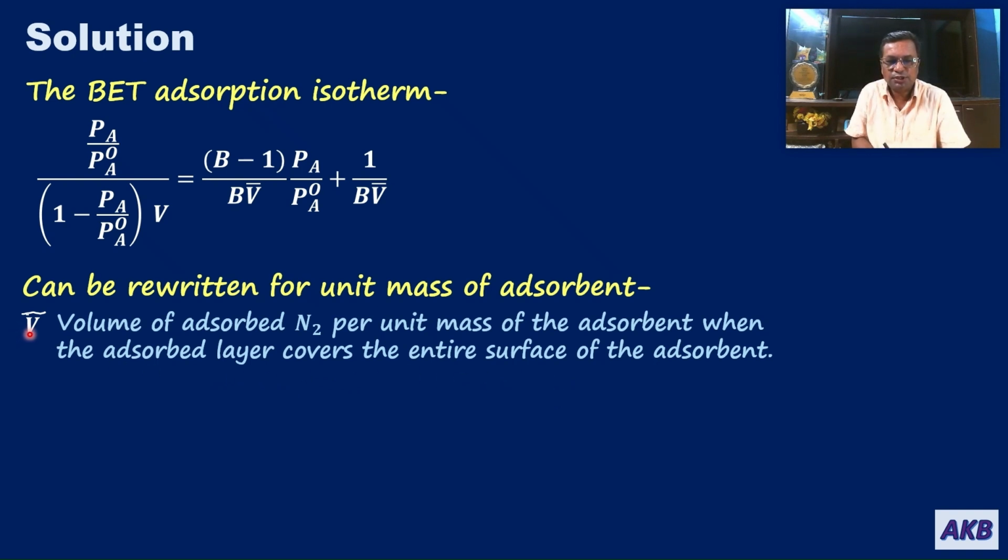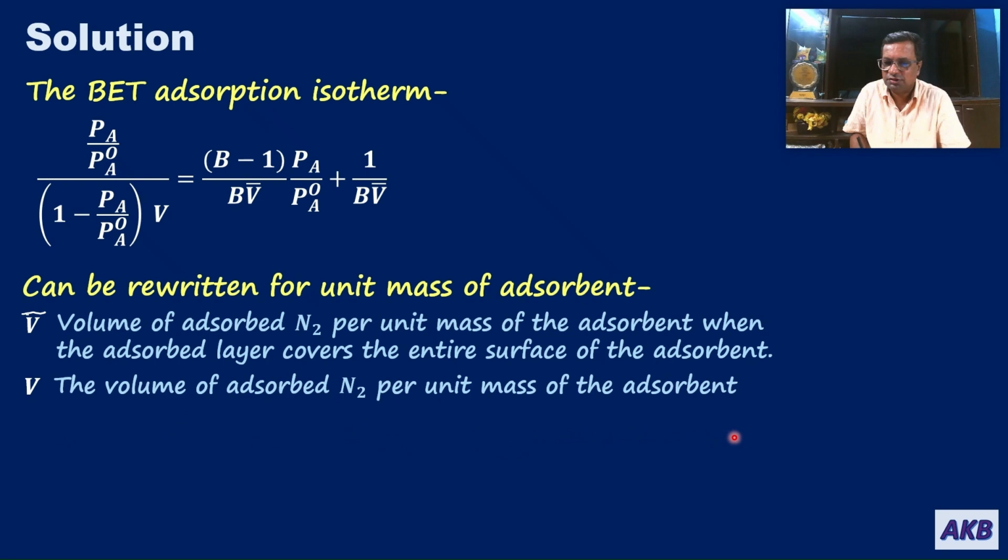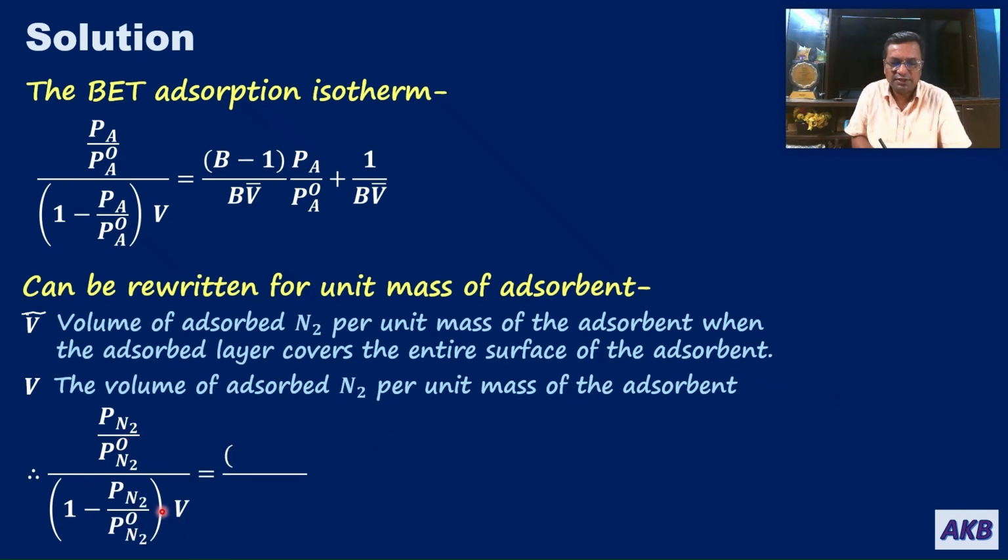So now it is meter cube per kg of adsorbent. V again would be the volume of adsorbed N2 per unit mass of adsorbent. So now here, instead of meter cube, V will be meter cube per kg. And then A is N2, so that's why I have rewritten this equation.